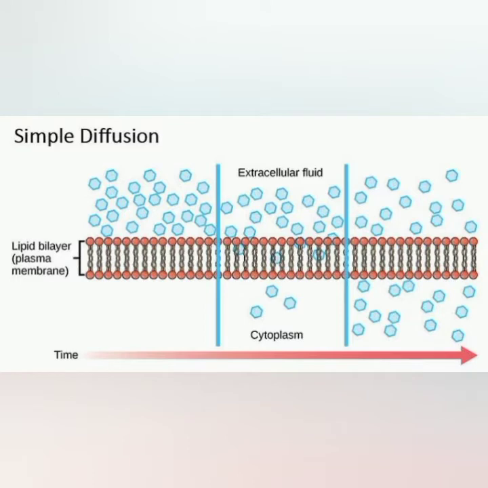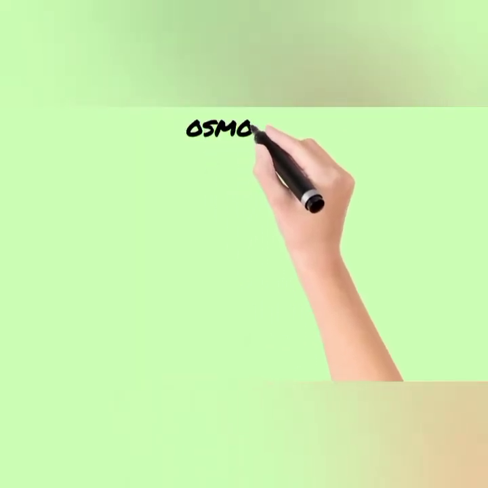Now in this diagram you can see that the plasma membrane is separating the extracellular fluid from the cytoplasm, and this extracellular fluid is more concentrated. There are more solutes here. So these solutes are diffusing into the cytoplasm, which is less concentrated, and this diffusion is taking place across the plasma membrane.